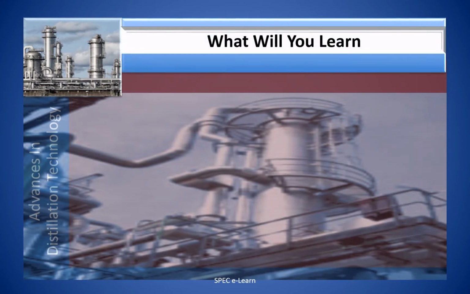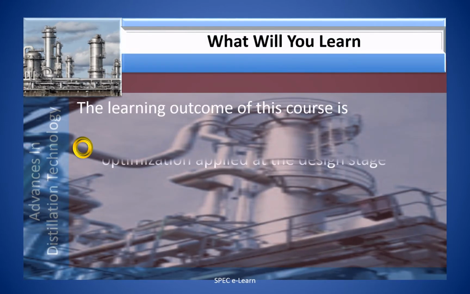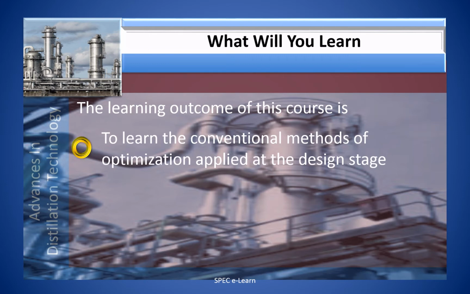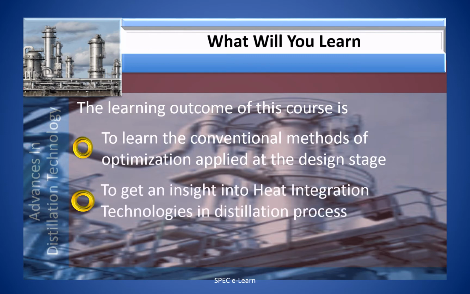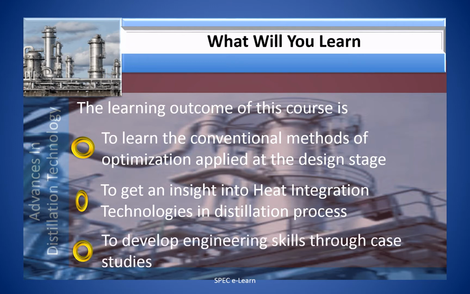The learning outcome of this course is to learn the conventional methods of optimization applied at the design stage, to get an insight into heat integration technologies and distillation process, and to develop engineering skills through case studies.